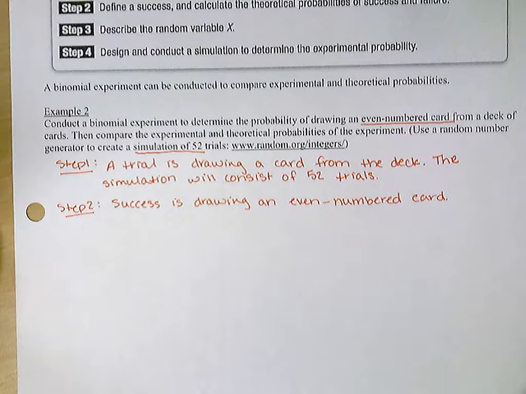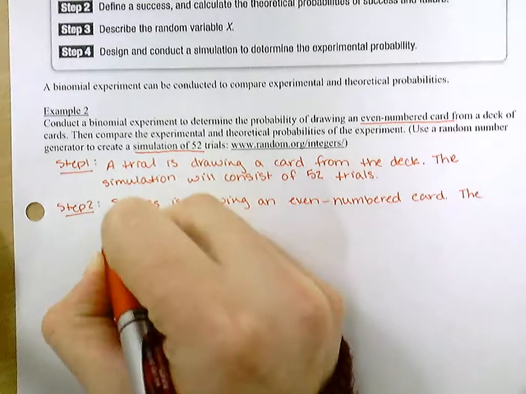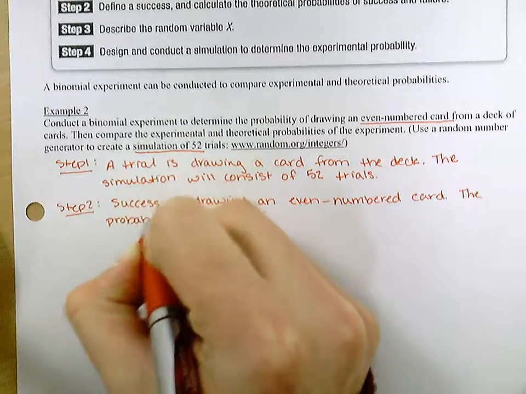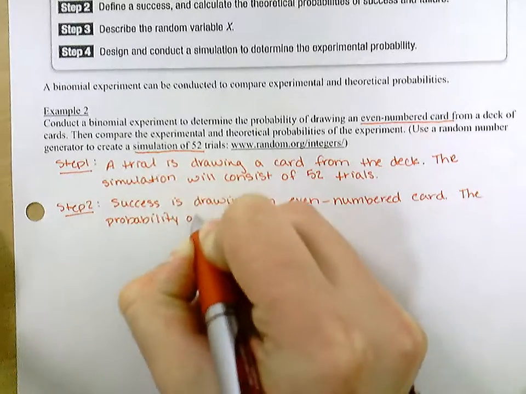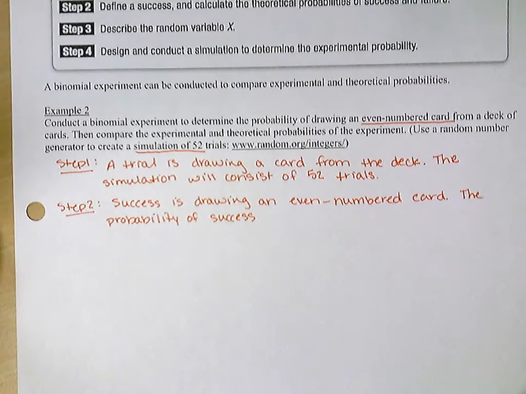Okay, next we need the probability of success. You need to think about a deck of cards and how many even numbered cards are in that deck. There's 52 cards in a deck.